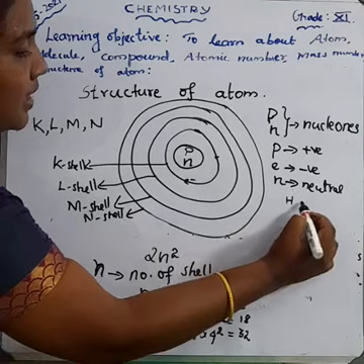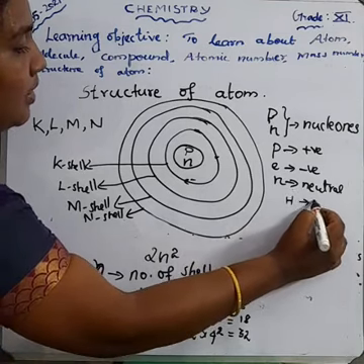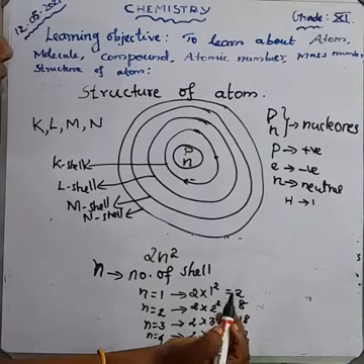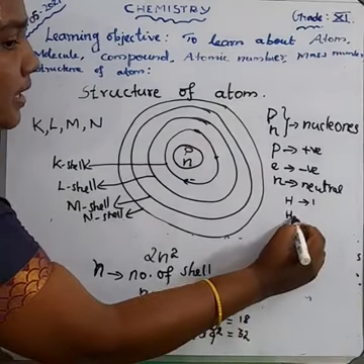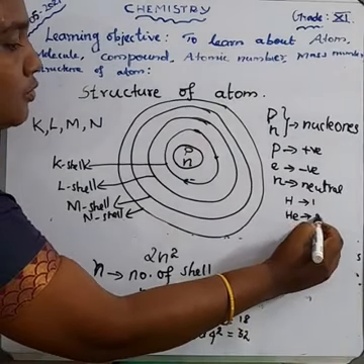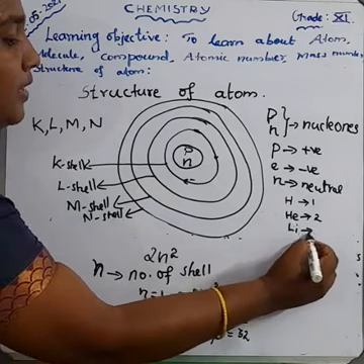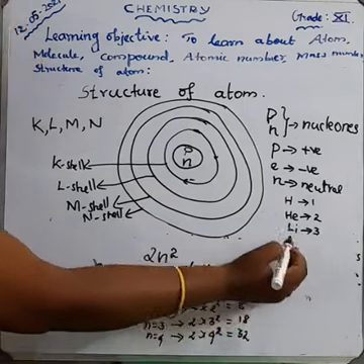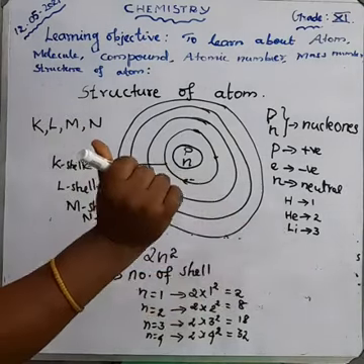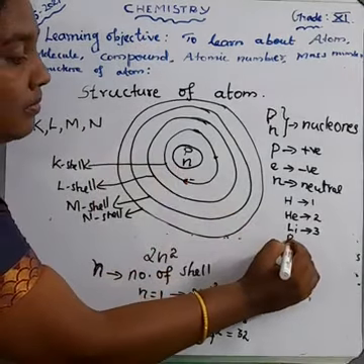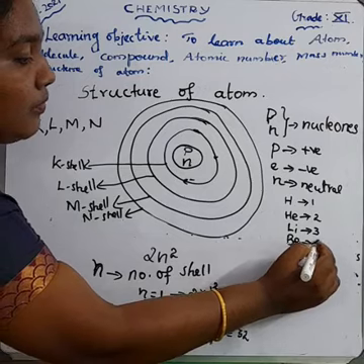Hydrogen, the first element, has atomic number 1. The second element, helium, has atomic number 2. The third element, lithium, has atomic number 3. The fourth element, beryllium, has atomic number 4.